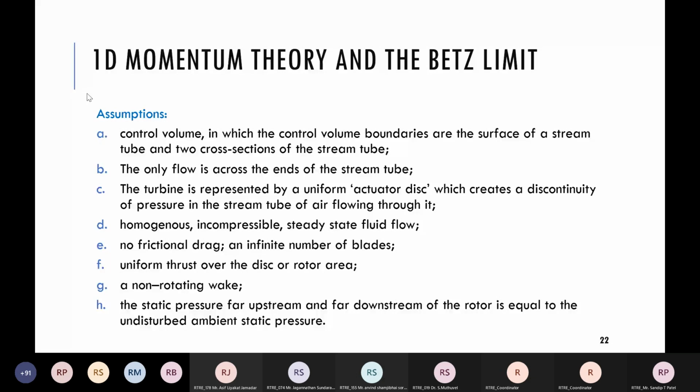So it is like a solid disc, but the blades are infinite, so it is assumed that the wind can get across that solid disc. Fine. The thrust over the rotor area is uniform, and there is no wake at all. In actuality, there is a wake after the wind turbine, but in this theory, we are assuming there is no wake.